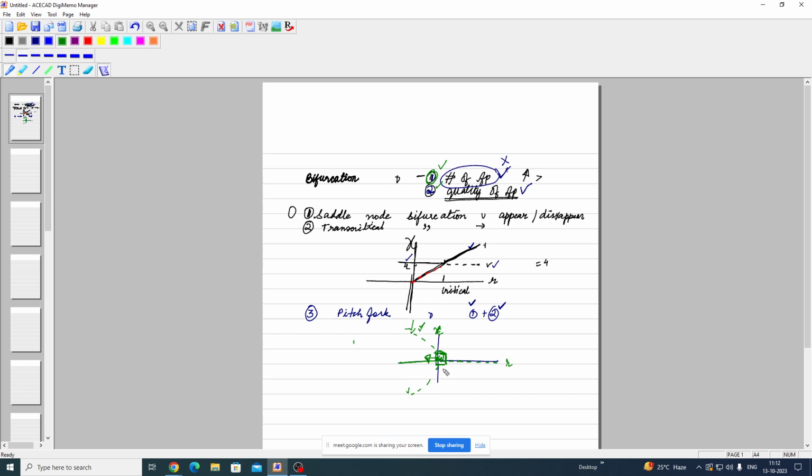If it was happening to the right, for example, let's say these are my fixed points and this is my parameter, let me change the color to show the unstable fixed point.